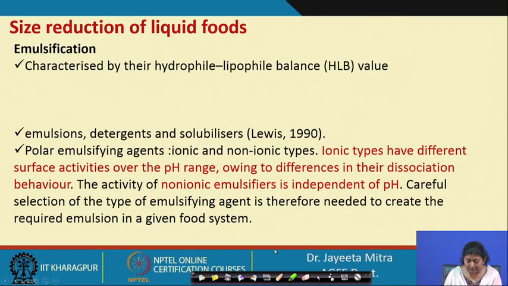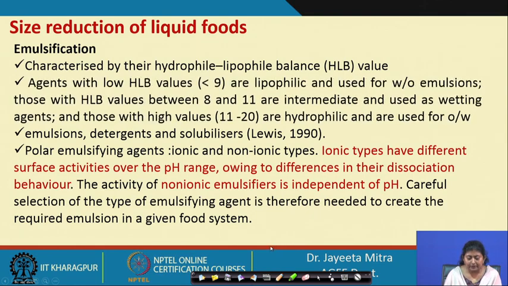Now, emulsifiers are characterized by their hydrophile and lipophile balance, that is called the HLB value, by which they can adhere to the water or the lipids or the polar and non-polar material.